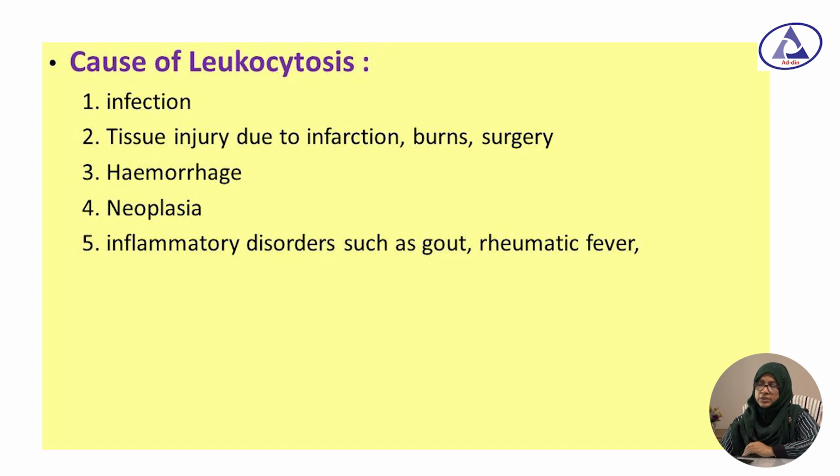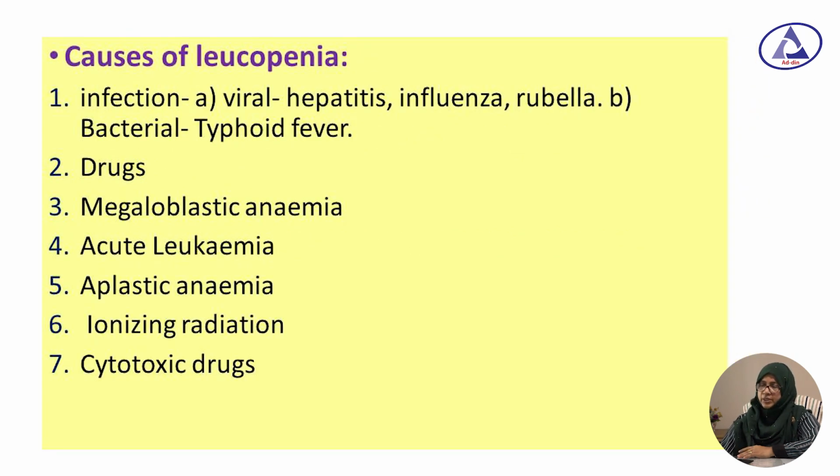Causes of leukocytosis are infection, tissue injury due to infarction, burn and surgery, hemorrhage, neoplasia, and inflammatory disorders such as gout and rheumatic fever. Causes of leukopenia are infection by bacteria, and viral infection, usually hepatitis, influenza and rubella, and bacterial typhoid fever.